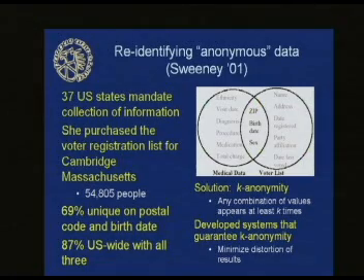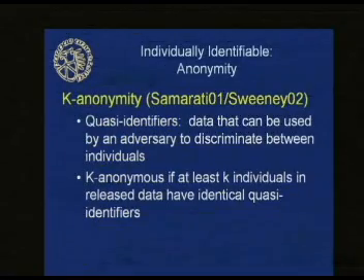So one solution to this: anonymity. Let me just briefly describe this for those that haven't heard it. The idea behind anonymity is that you have these quasi-identifiers. This information that can be used to discriminate between individuals.